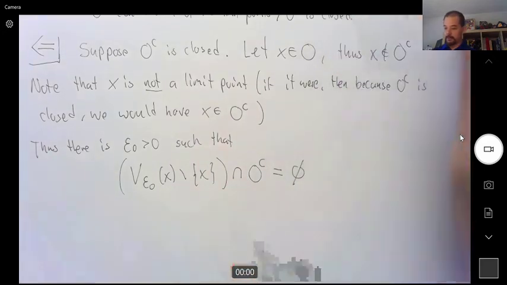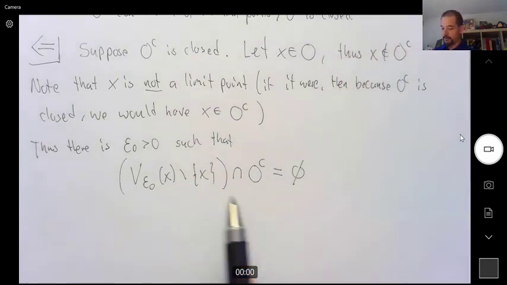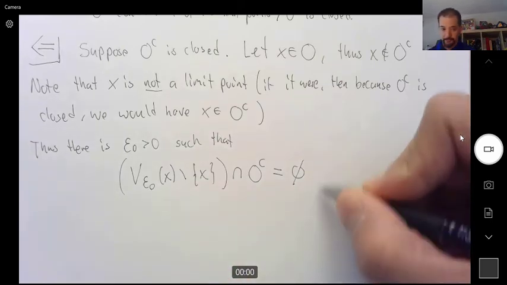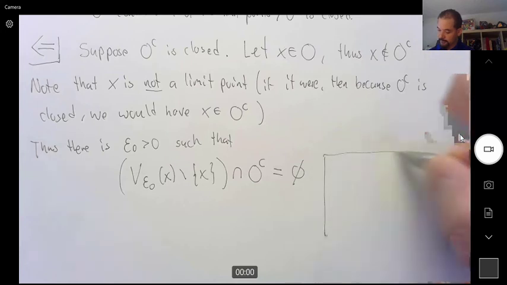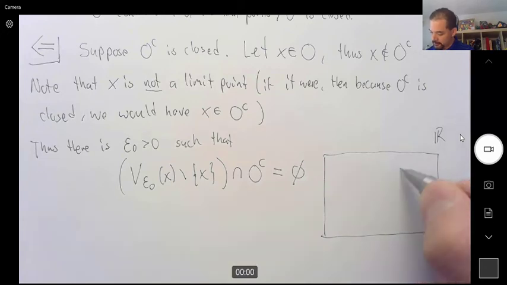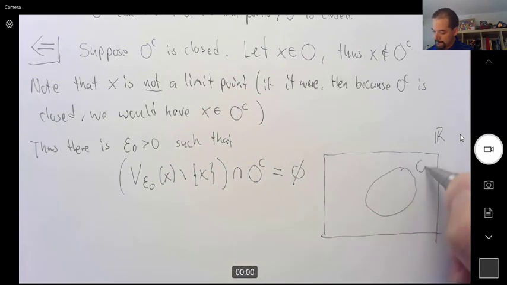Again, this picture would help. So we have now some neighborhood. Let's create a picture again. Let's say these are all the real numbers. And this time around, somewhere in there is O. Let's say this is O, and O complement is what is outside.